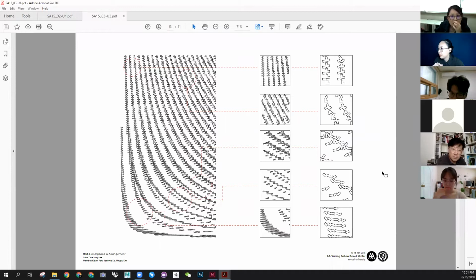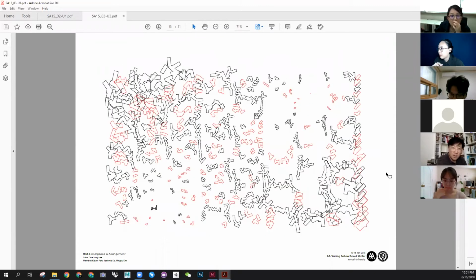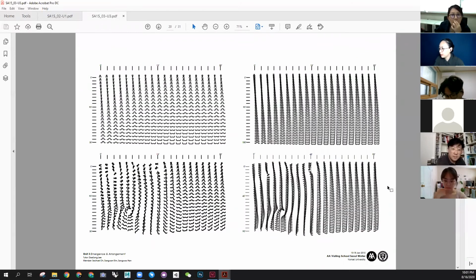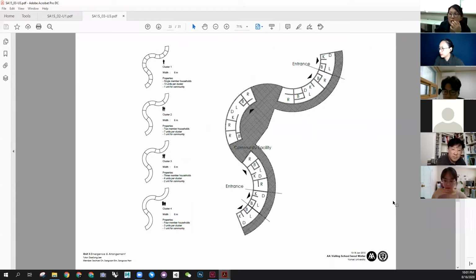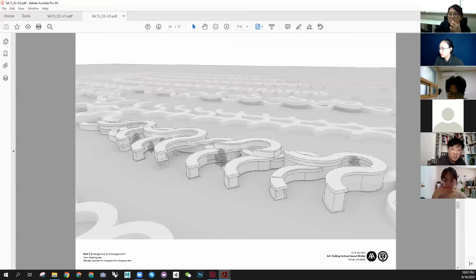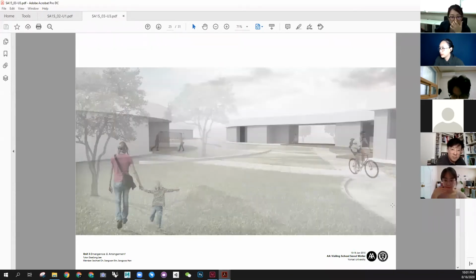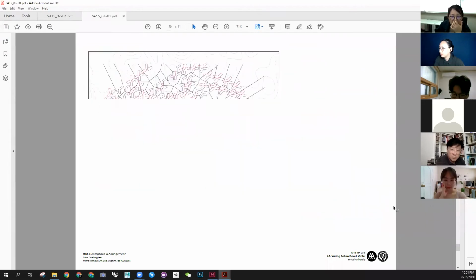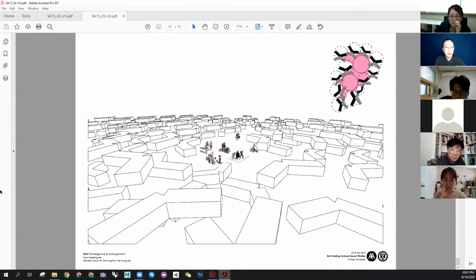They conducted a series of these exercises and applied them to urban proposals. These are a few different team projects based on this idea, with different shapes, geometries, and algorithms.